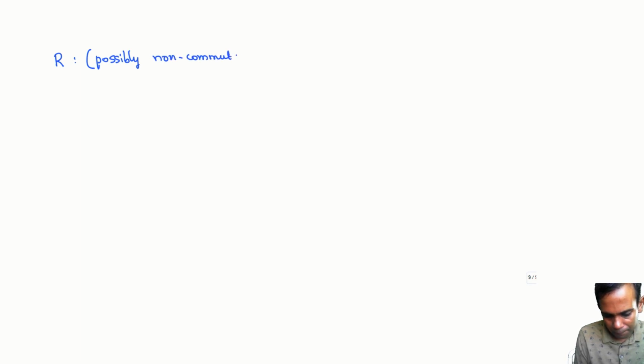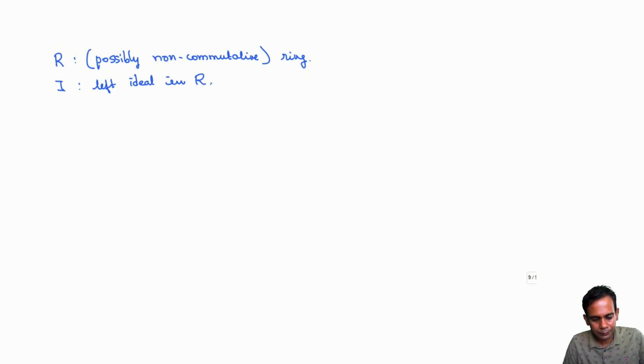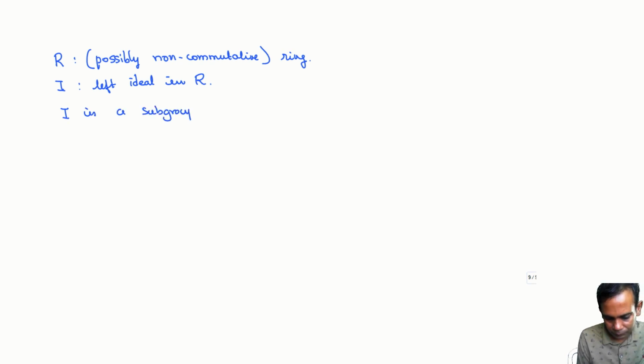So now suppose R is possibly a non-commutative ring, and let's say I is a left ideal in R. That would mean that I is a subgroup of R under addition, and for every x in I and r in R, rx again belongs to I.